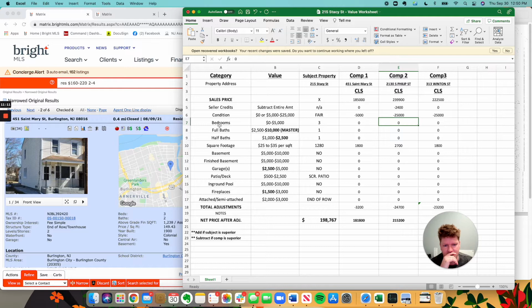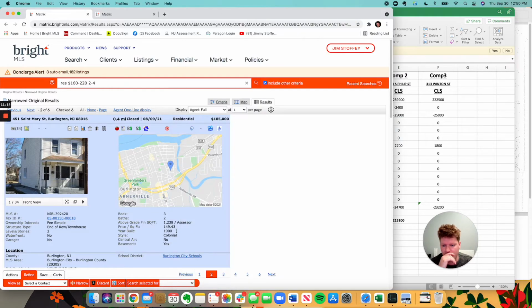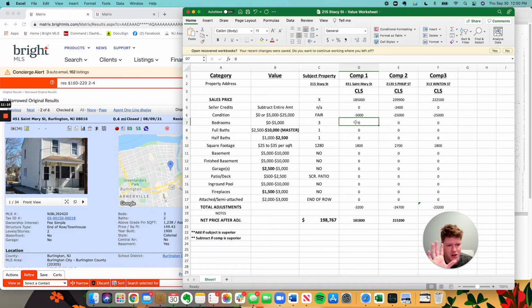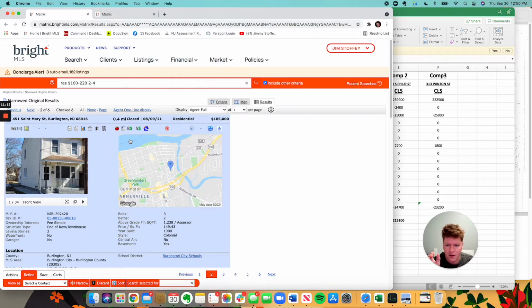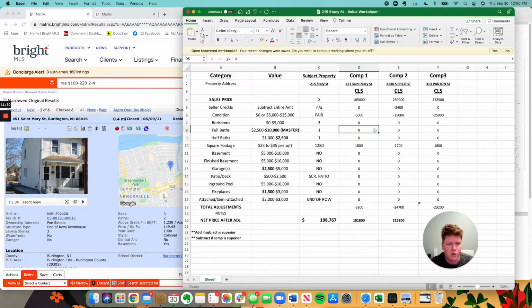Now bedrooms are the same. It's three bedrooms, right? So we have a $0 change there. Full baths: there are 2 full baths here, and only 1 full bath on ours, and we have 1 half bath, so we need to give a value. Again, we need to take away a little bit of value from St. Mary Street because it's better than our house.